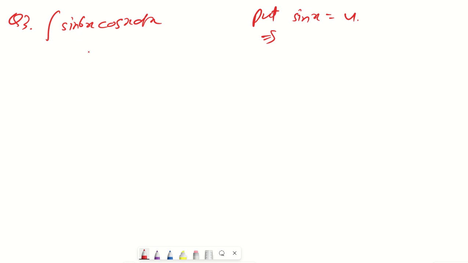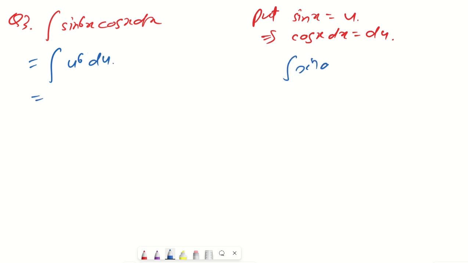Then what are we going to get? Differentiation of sin x is cos x dx is equal to du. Now by putting this value, we are going to get our integration as u to the power 6 into cos x dx replaced by du. And now you already know the formula for the integral of x to the power n dx, was what? x to the power n plus 1 by n plus 1 plus some constant c.